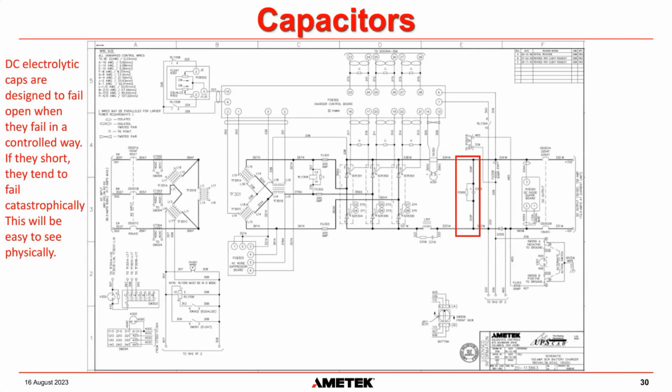Unfortunately, it doesn't always work that way, and if they fail short very quickly, they tend to fail catastrophically, which means they blow themselves apart. Smoke comes out of them. It's very obvious to see physically a failed capacitor.